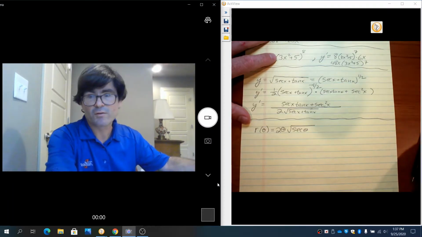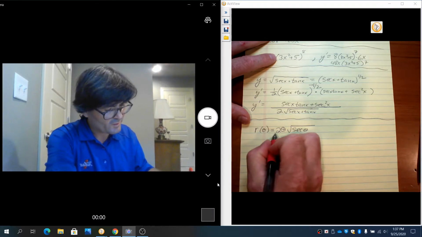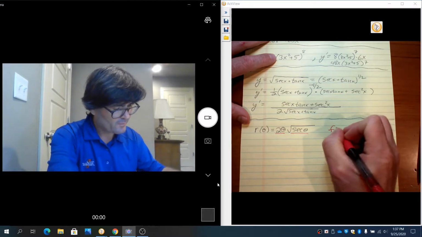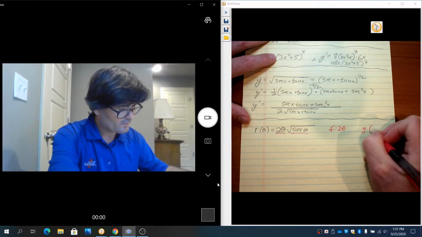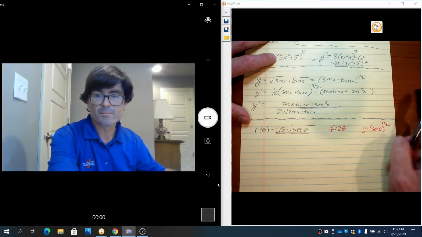So what you need to do first is recognize that yes, we're going to have a chain rule, but the first order of business is a product rule, where you have f is 2 theta and g is going to be secant theta, which I'm going to call to the 1/2 power.